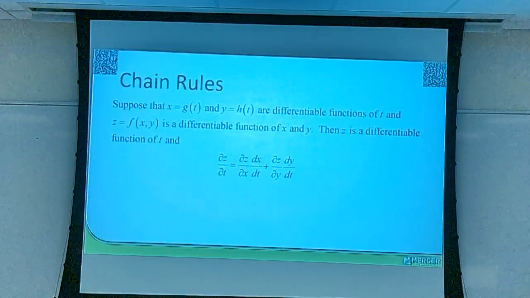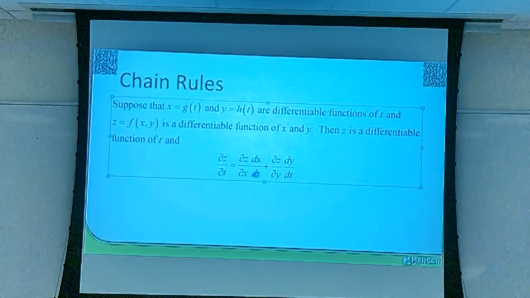And then we have the chain rules for multivariates. Starting with two variables, let's say that z equals f of x, y, where x and y are both functions of an independent variable, call it t. Then z is also differentiable with respect to t, and those should not be partials.